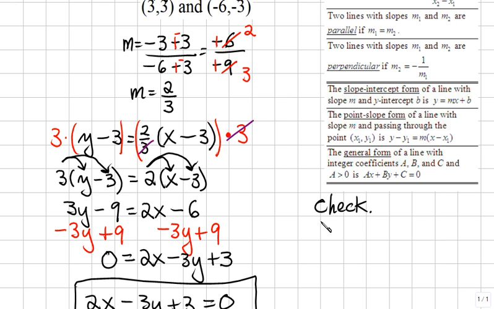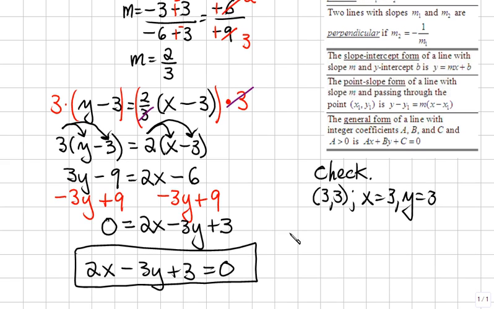So to plug in (3, 3) means that x will be 3 and y will be 3. Plugging these values into our equation, we'll have 2 times x is 3 minus 3 times y being 3 plus 3. Is this 0? Simplifying using order of operations, 2 times 3 is 6 minus 3 times 3 is 9 plus 3.